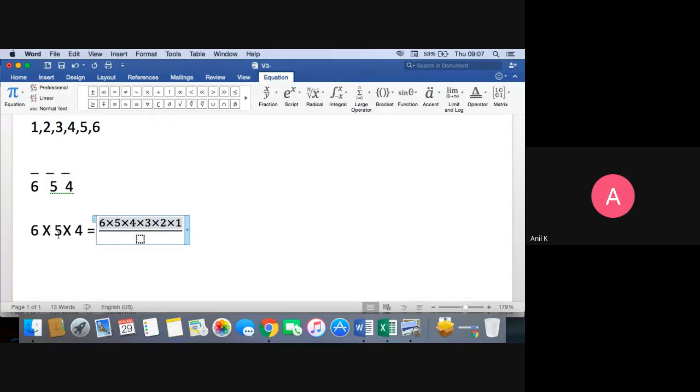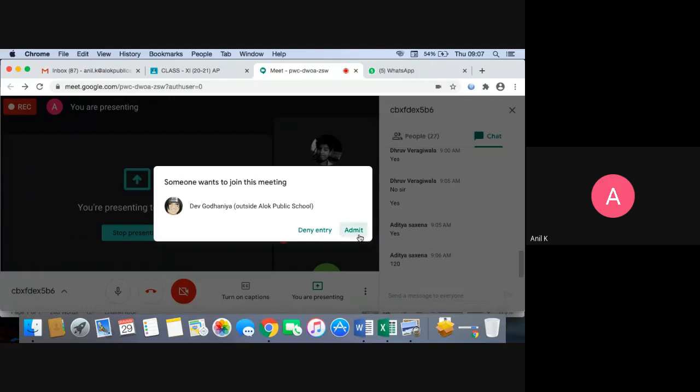You have only 6 into 5 into 4, but here I wrote 6 to 1. What extra are you putting? 3 into 2 into 1. This is the extra term you are keeping. So I divide by the same term. Now both will be the same. 6 into 5 into 4 is the same as 6, 5, 4, 3, 2, 1 upon 3, 2, 1. Both are the same, but we have just written it in a different way.